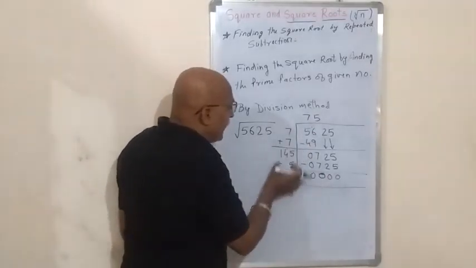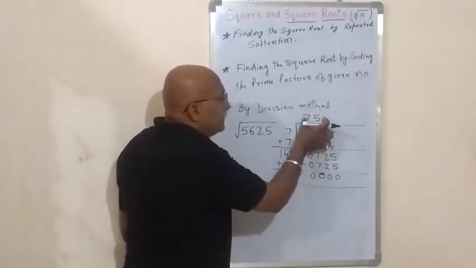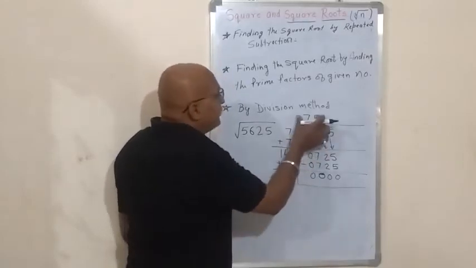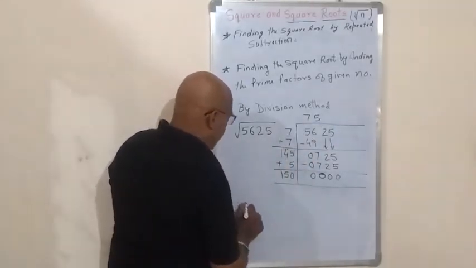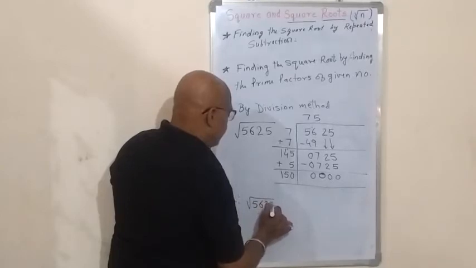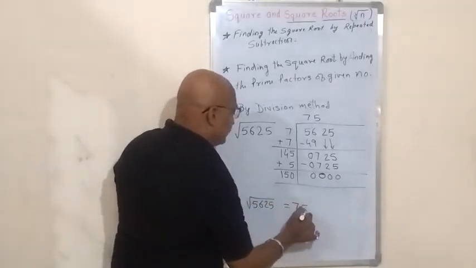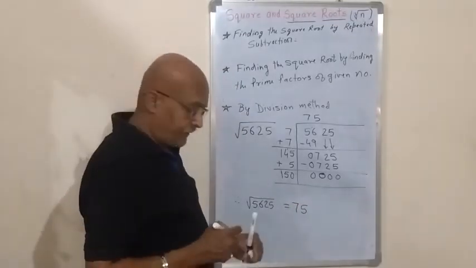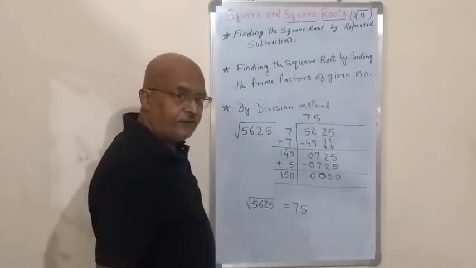So whatever the addition you will get here at last, that addition will be twice of the quotient. And this quotient is nothing but the answer of this. And therefore we can write under root of 5625 is nothing but 75. Got it clear? Now this was a perfect square I have taken.